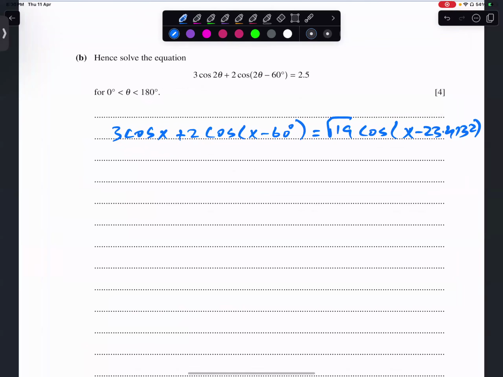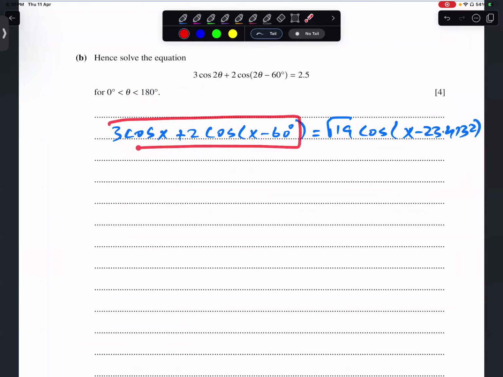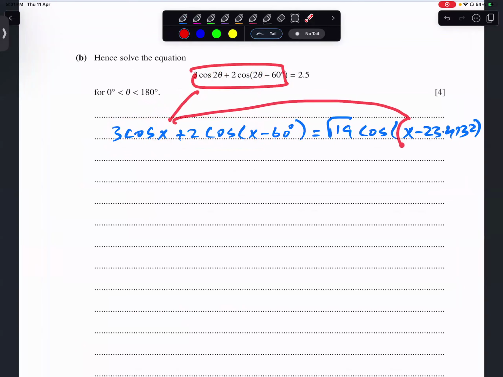Now students, if you compare this part with this one, you can see that there is only one change in the angle, and that is instead of x, you have this time 2 theta. So if you write exactly this expression here, it will definitely change the right side also. So this x will become 2 theta. Are you getting me?